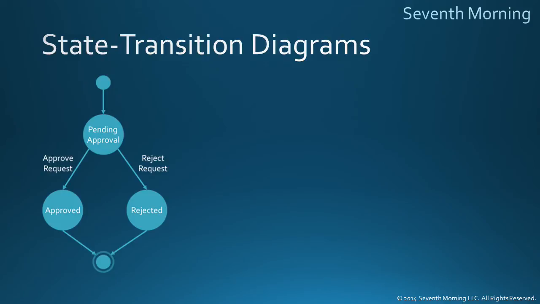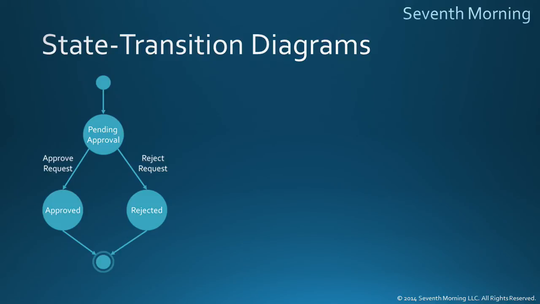Those are those three big circles there. So when the request is created, it's placed in pending approval state. If someone approves it, it moves into approved state. And if someone rejects it, it's placed in rejected state. And that's it. But what else can we learn from this diagram?